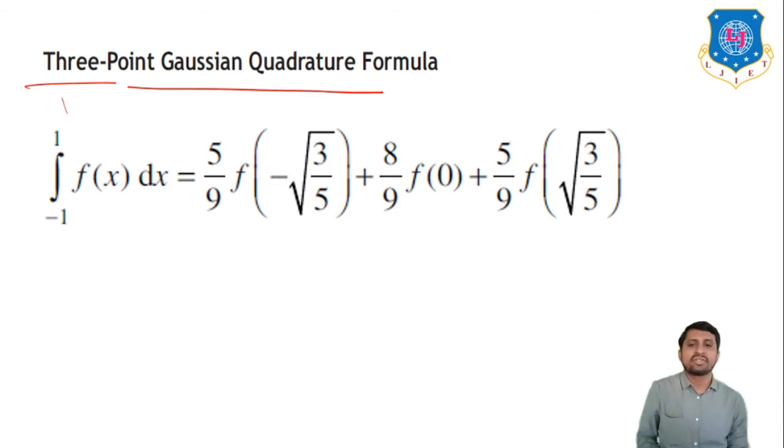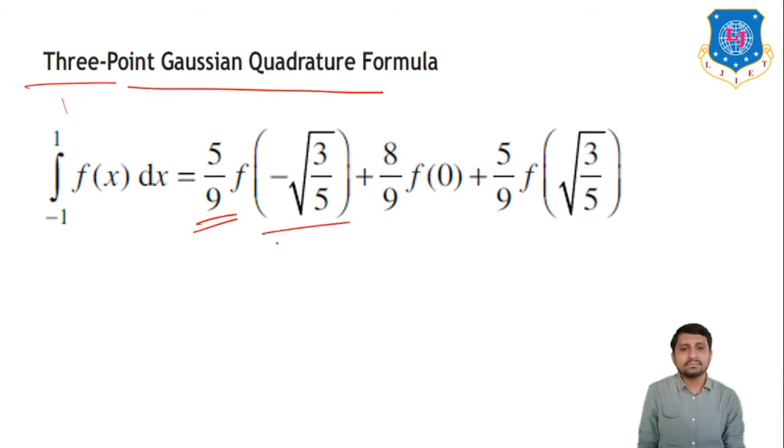And for the 3-point Gaussian quadrature formula, integration from -1 to 1 of f of x dx is equal to 5 by 9 f of minus square root of 3 by 5, plus 8 by 9 f of 0, plus 5 by 9 f of square root of 3 by 5.